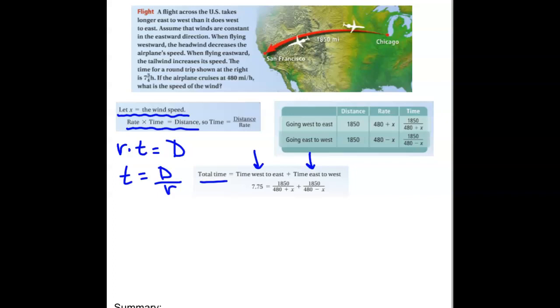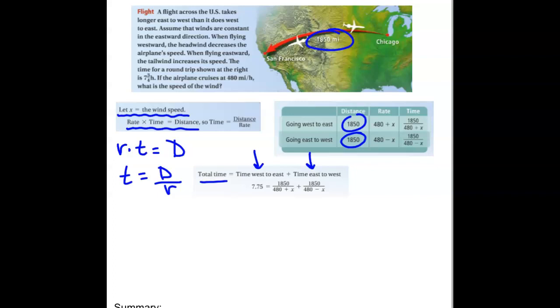All right, we have a chart here. On going west to east, our total distance is 1,850 miles either direction. So notice here that our distance is the same for both directions of our trip. However, when we are going from west to east, the wind is helping us. It's going in the same direction. It's going eastward.